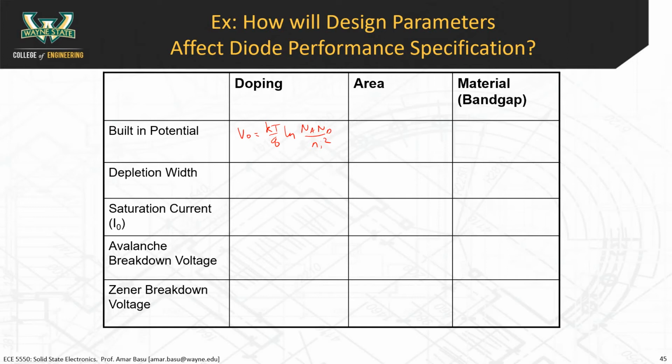So that's how we calculate the built-in potential. You can see here that it's a logarithm of NA times ND. So what I would put here is an up arrow. Up arrow means that as the doping increases, the built-in potential also increases.